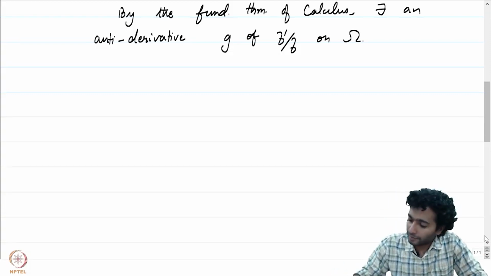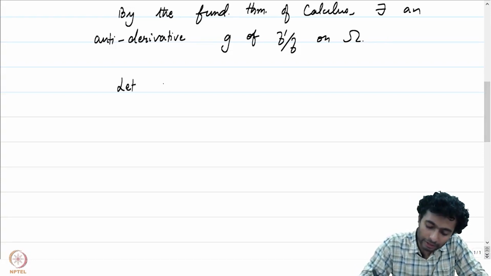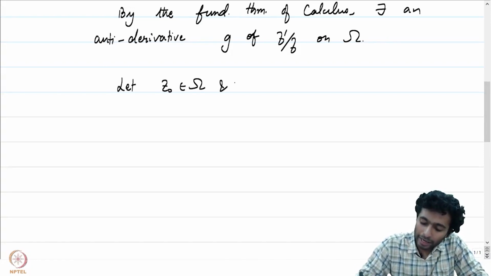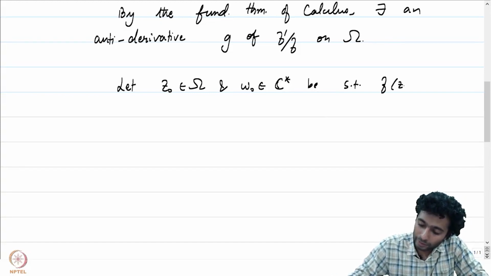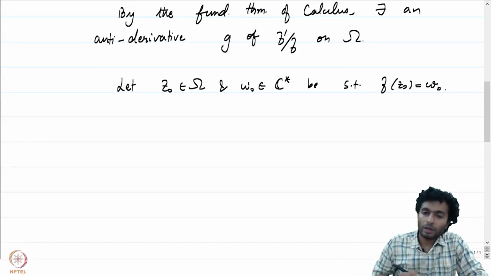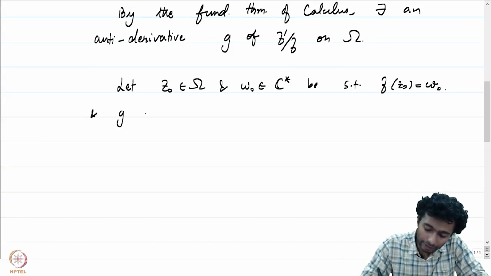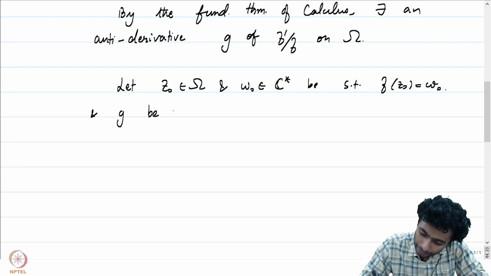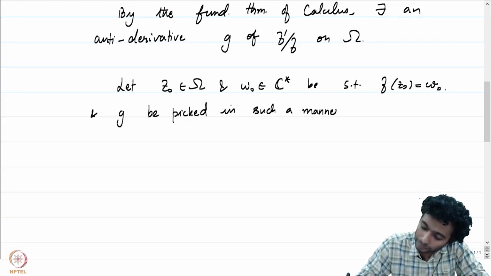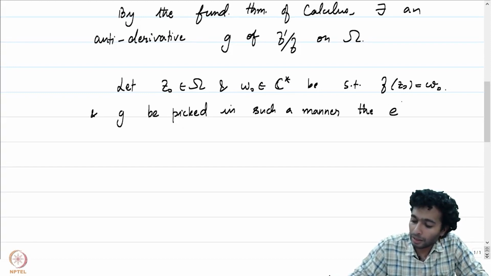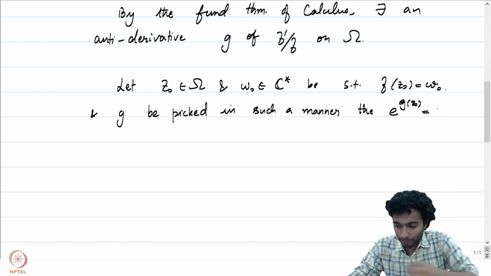So let's normalize it, which will be useful for us later. Let z0 in omega and w0 in C star be such that f of z0 is equal to w0. Let's pick our g in such a manner that e to the power g of z0 is equal to w0.